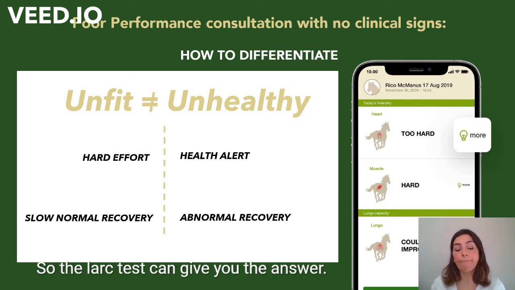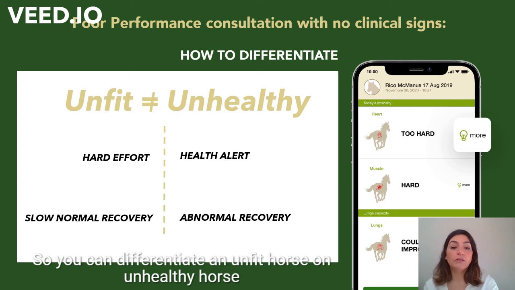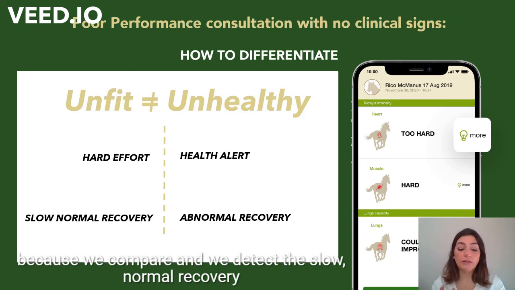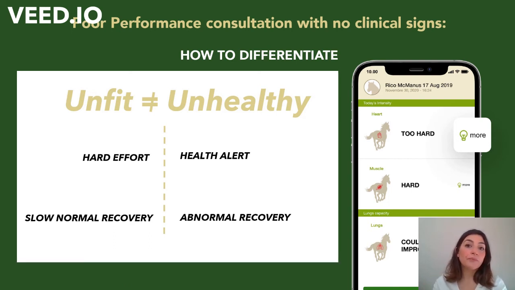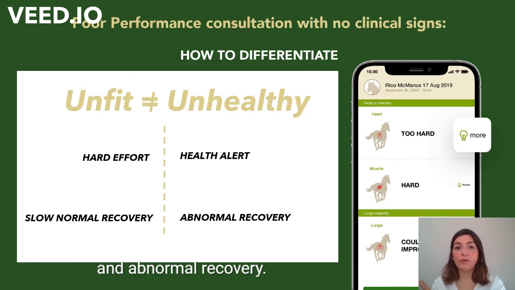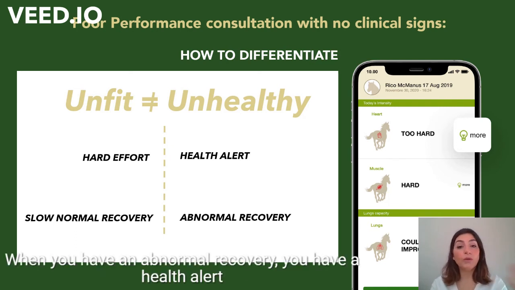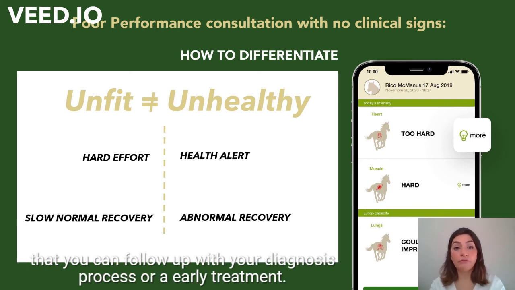So the LARC test can give you the answer, so you can differentiate an unfit horse from an unhealthy horse, because we compare and detect slow, normal and abnormal recovery. When you have an abnormal recovery, you have a health alert that you can follow up with your diagnosis process or early treatment.